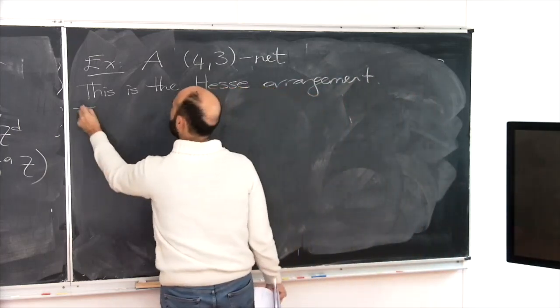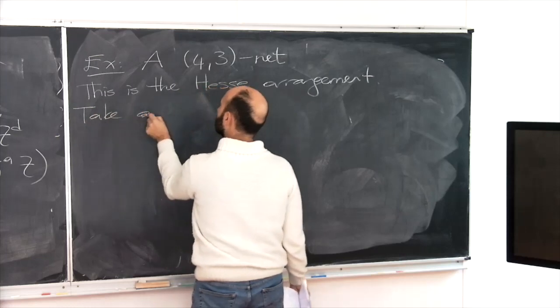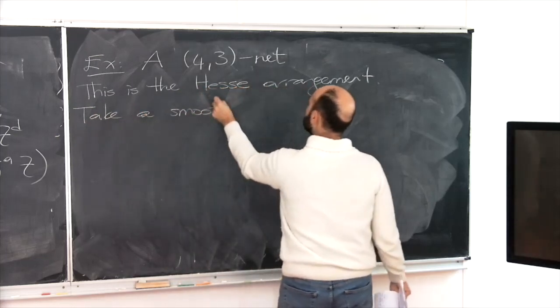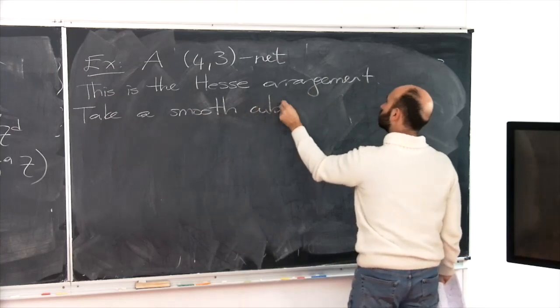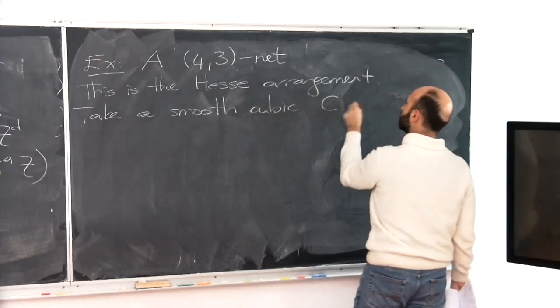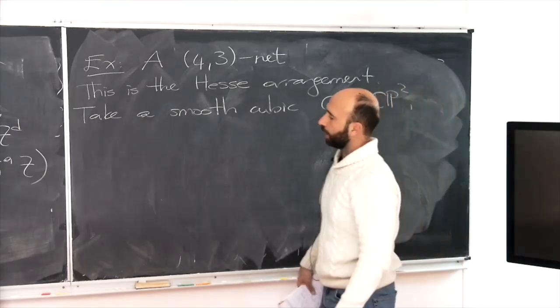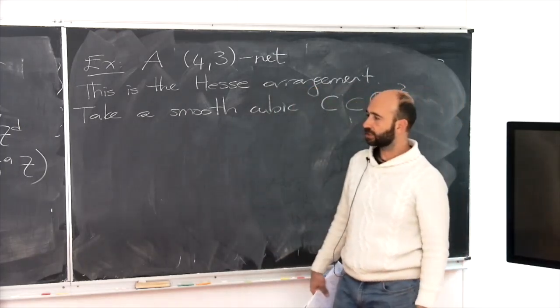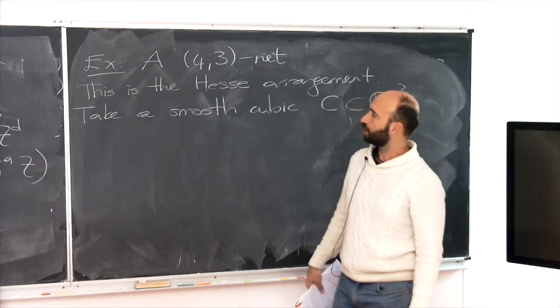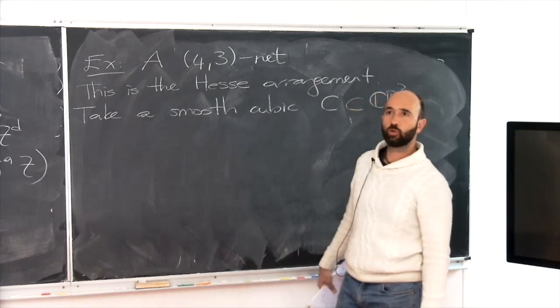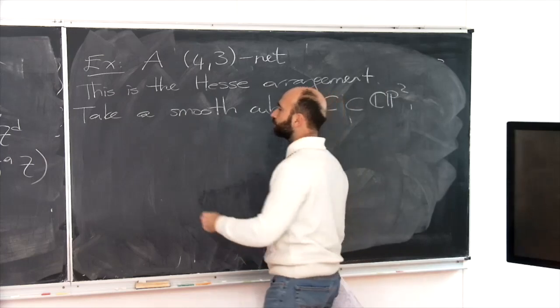Take any smooth cubic C inside CP2, and take X, the base locus, to be the set of inflection points of the smooth cubic, and there are 9 of them.